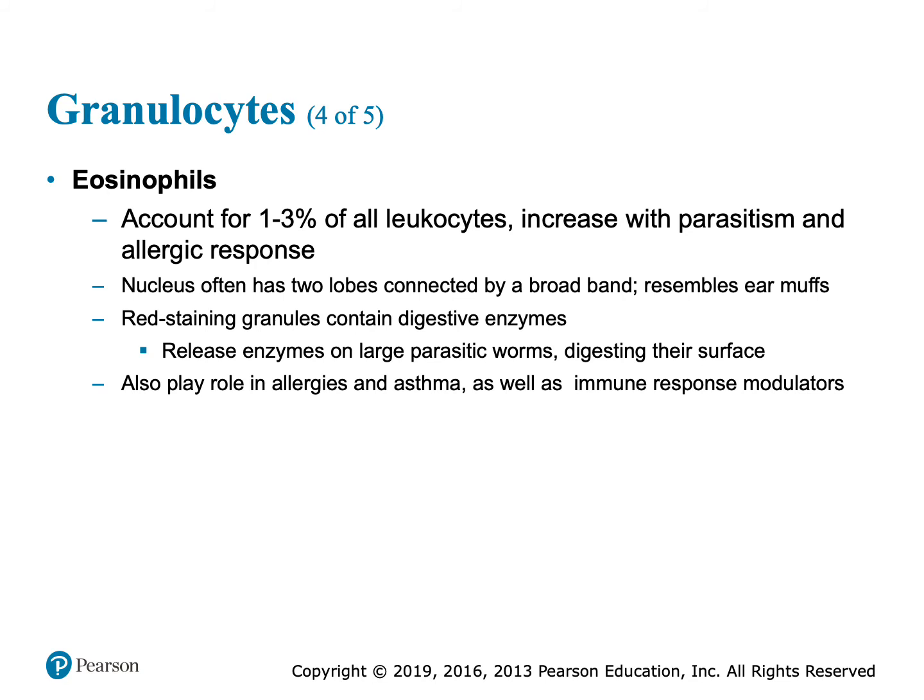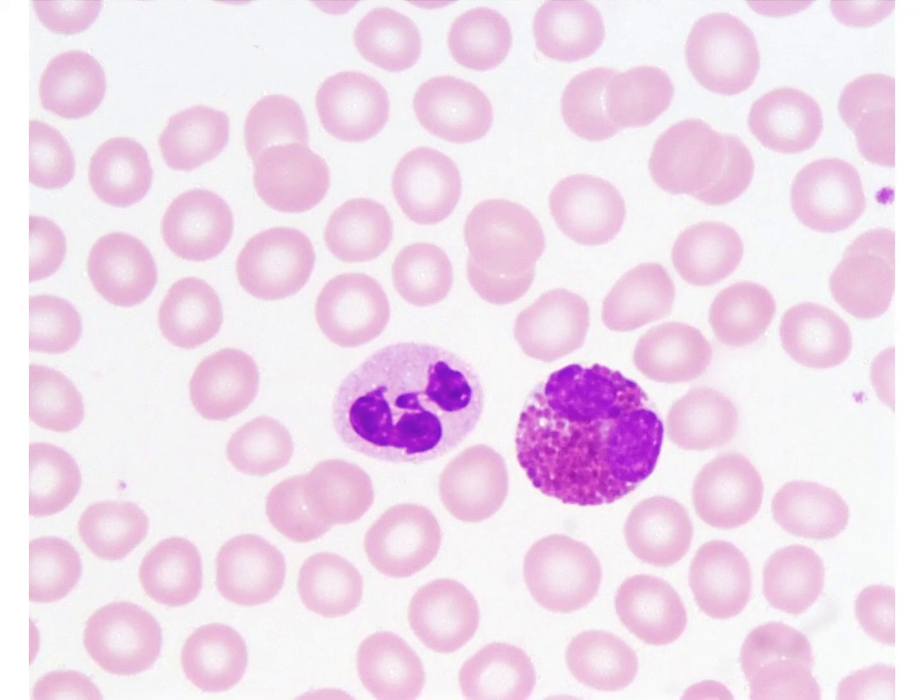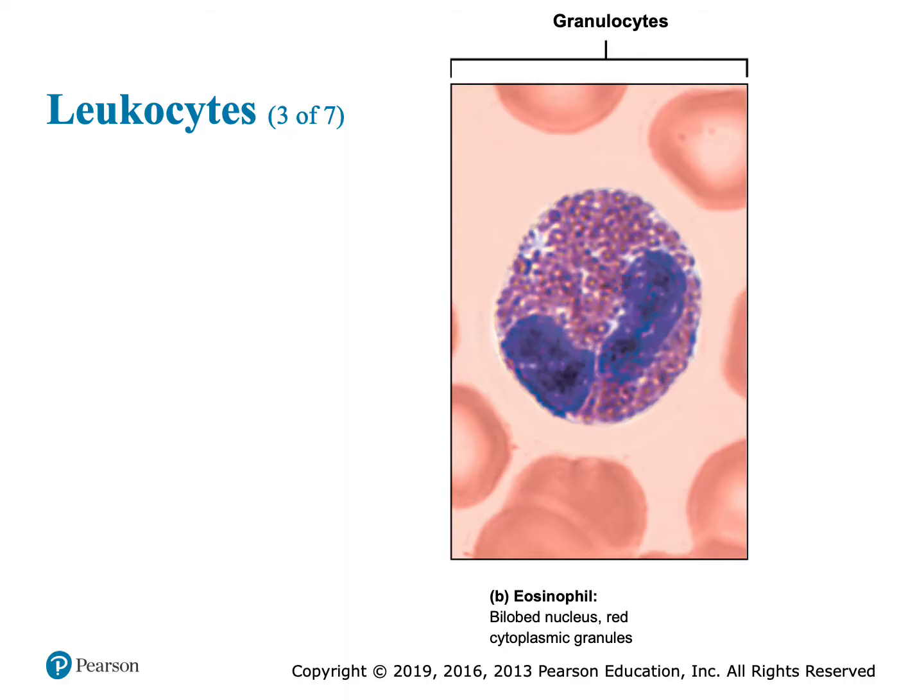We do, but in general, in America, a high eosinophil count is more going to be some sort of allergic thing. So this is a neutrophil on the left. That's an eosinophil on the right.